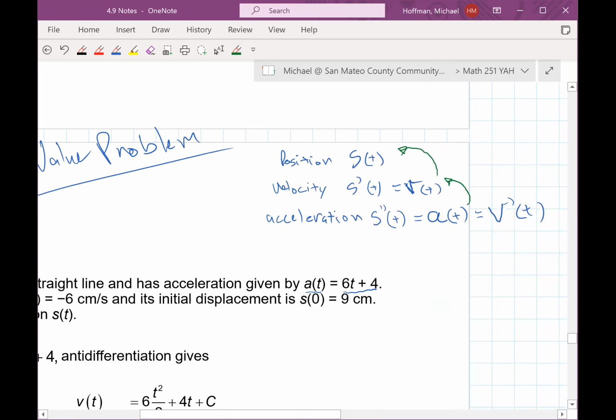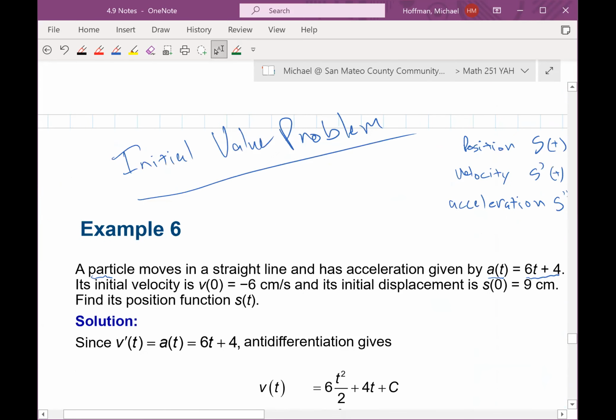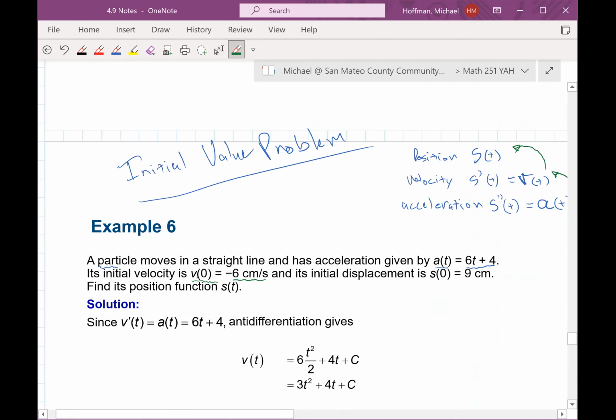So what are we looking for here? They tell us its initial velocity, how fast it was going right at time 0. That's why these are called initial value problems, because you know what they are someplace. At t equals 0, the velocity, the first derivative of position, is equal to -6 centimeters per second.